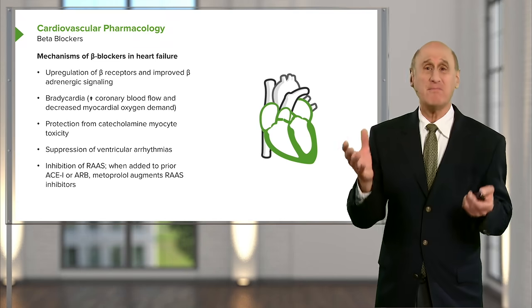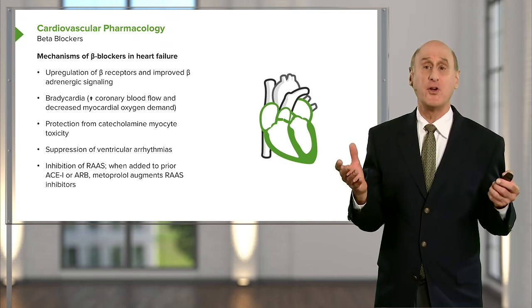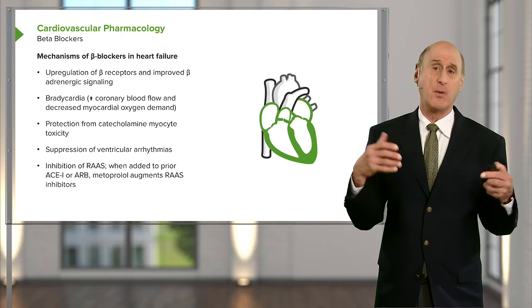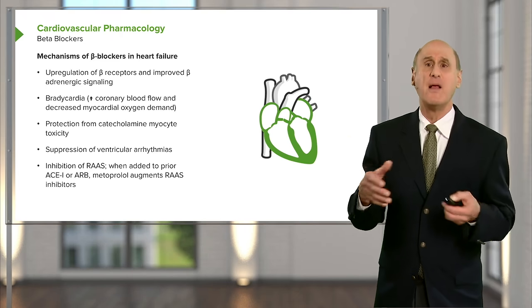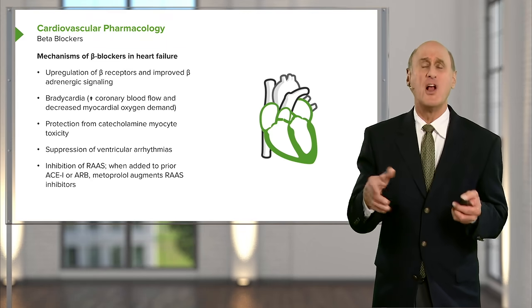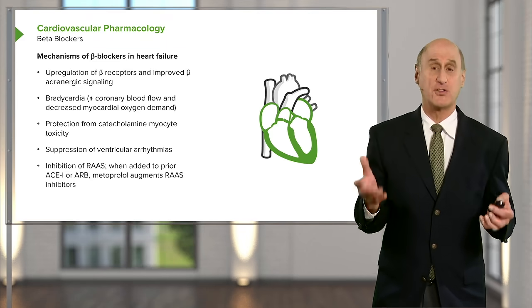First of all, even if the heart failure wasn't due to ischemic heart disease, to lack of blood flow in the heart, but was due to sick heart cells, by decreasing the work of the heart, decreasing the heart rate, decreasing the blood pressure, you actually allowed some of those heart cells to recover.